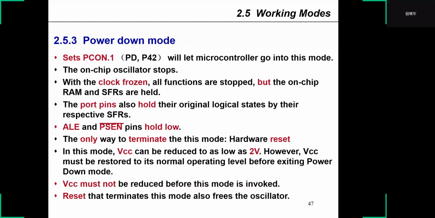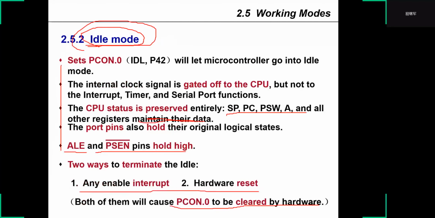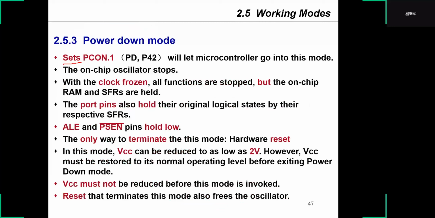Power down mode. Setting PCON bit 1 will let the microcontroller go into this mode. The on-chip oscillator stops with the clock frozen.